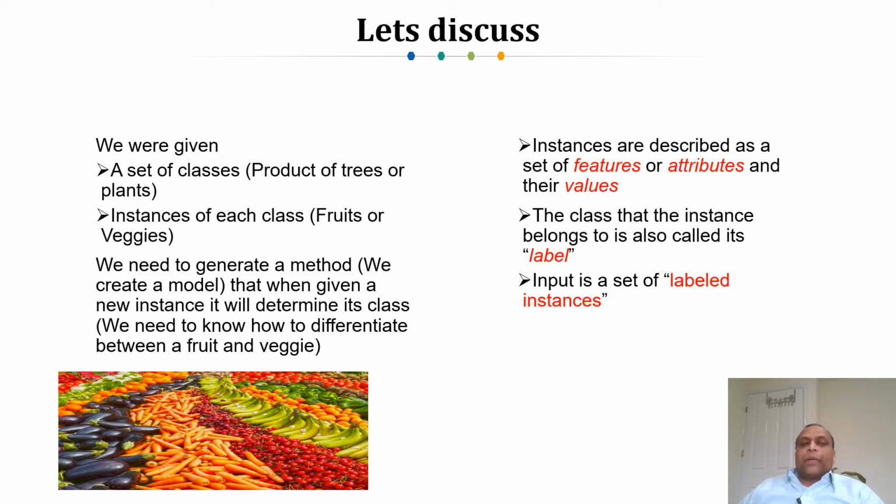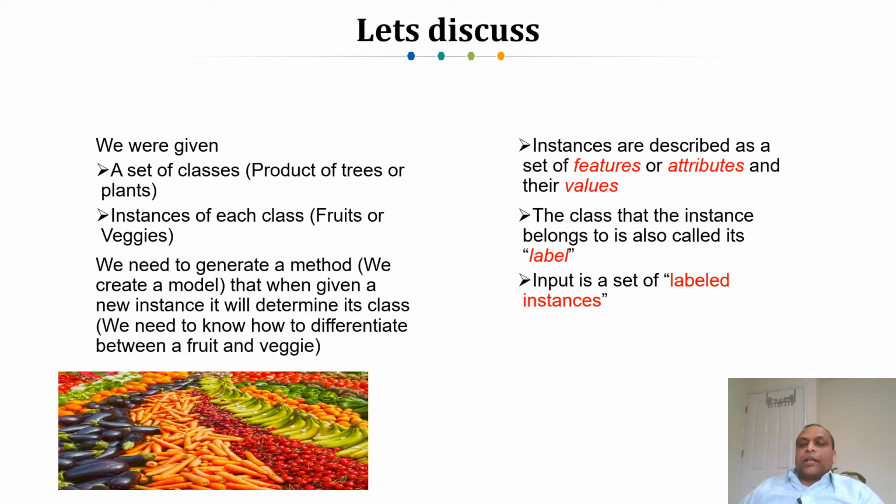We need to generate a method, right? But what do you mean by instances? Instances are nothing but features or attributes or properties and their values. For example, brinjal is violet in color. It is a vegetable, and its features are that it's elliptical in shape, etc., right?